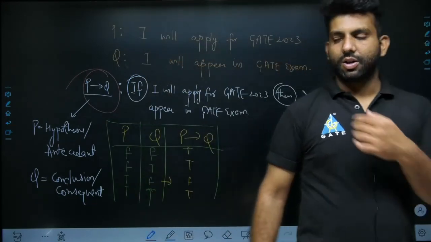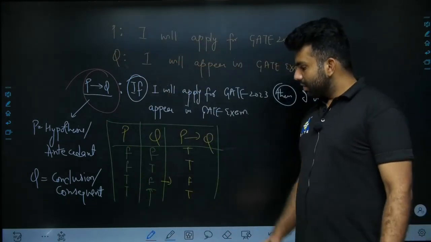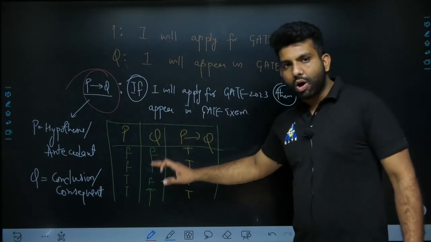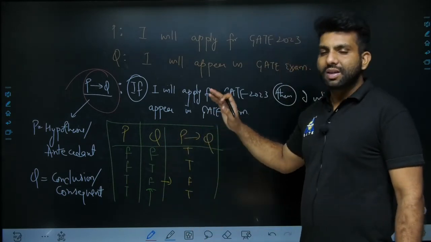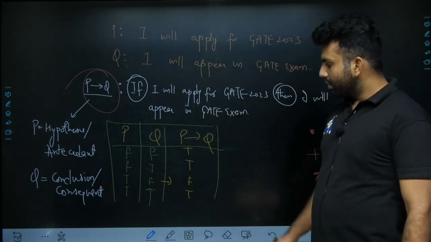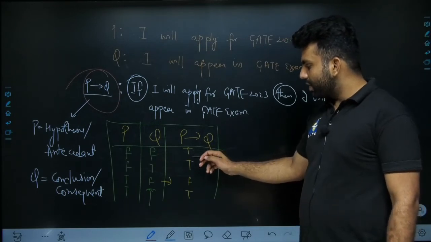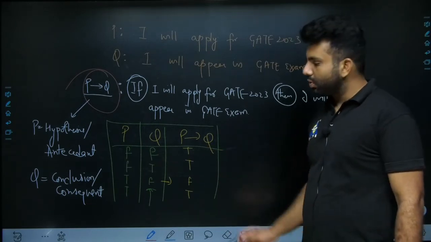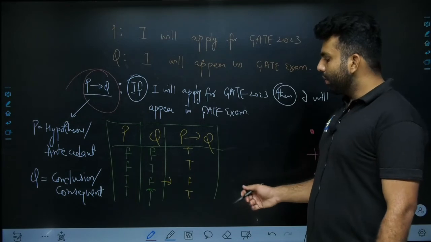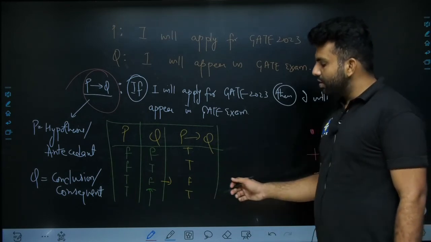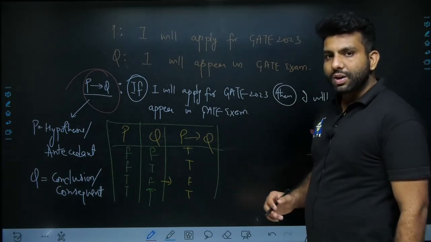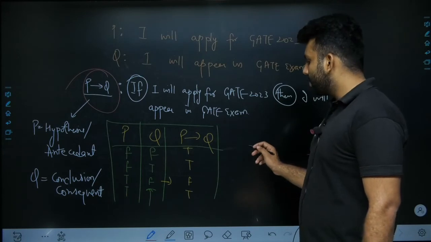Just remember that. On the basis of this, just solve using the K map. Just take true as 1 and false as 0. You will get that this will be false in only this case.